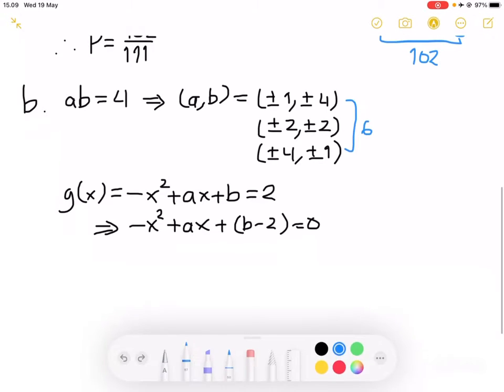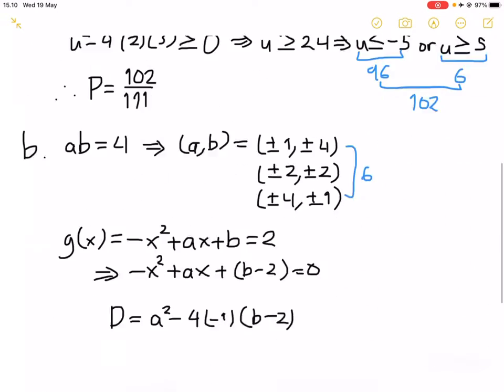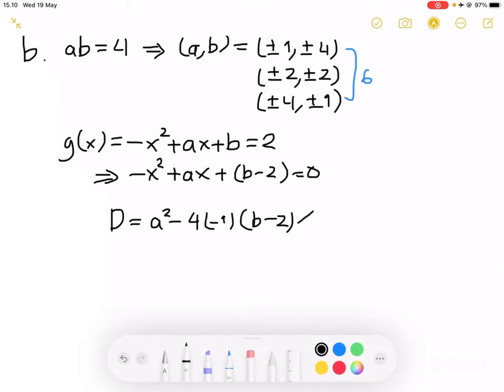Now using our discriminant way, our discriminant is equal to a squared minus 4 times negative 1, since the coefficient of x squared is negative 1, times b minus 2. Now since it must have no real solutions, we must set this less than 0.